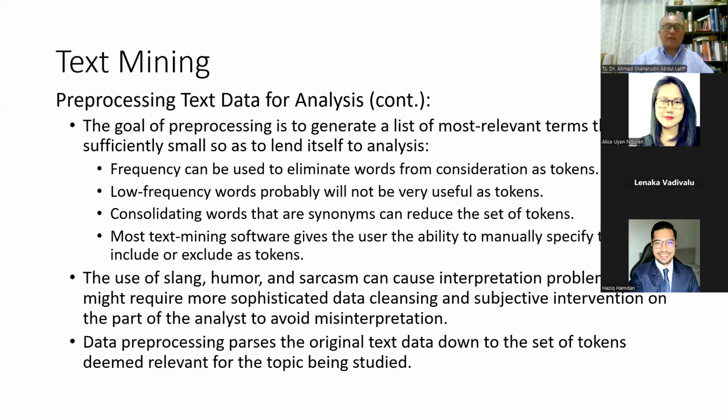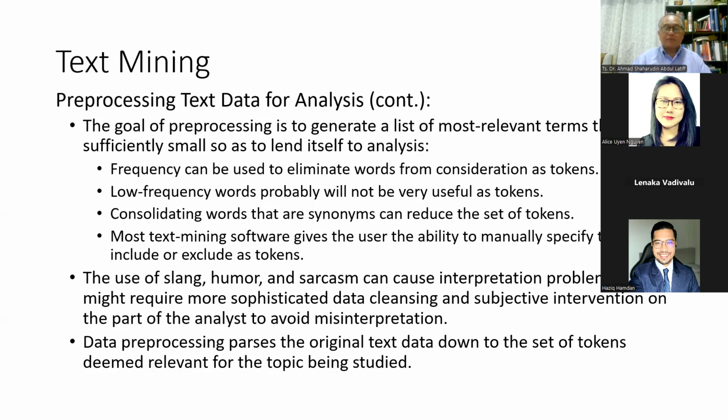So you eliminate the stop words and so on, so that you can calculate the words as tokens. And then low frequency words may not be so useful, and you can also consolidate words which are synonyms, so you can reduce the set of tokens. And then you need to look into slang, humor, and sarcasm, which can cause interpretation problems.